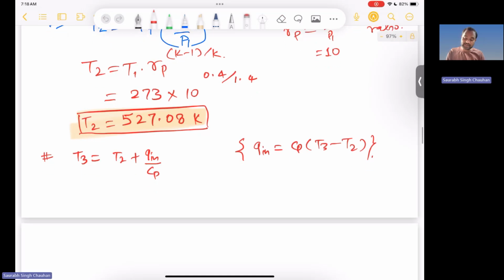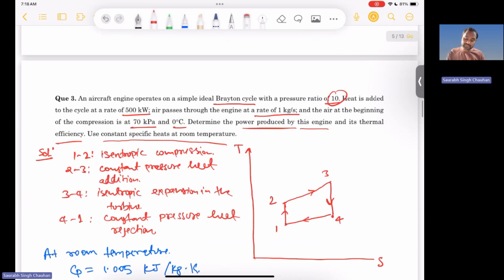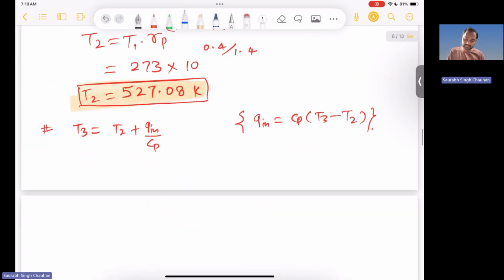So this Q in is heat addition per kilogram of air. Here it is given that 500 kilowatt of heat is being added and air flow rate is 1 kilogram per second. So Q in will be equal to 500 kilowatt for 1 kg of air, so it is 500 kilojoule per kg.